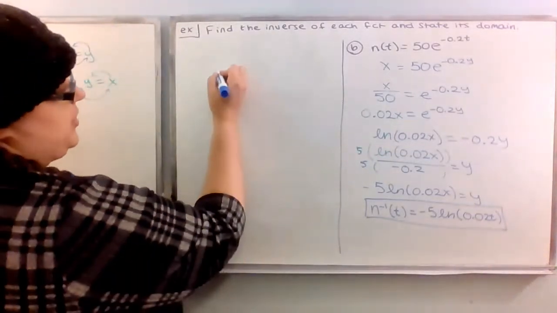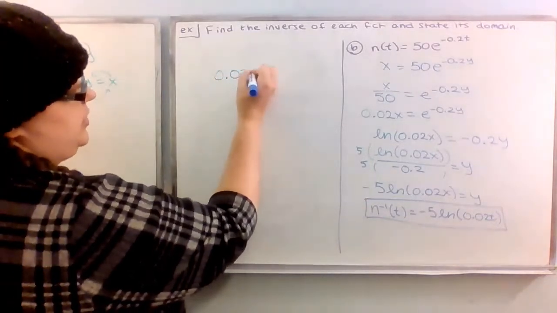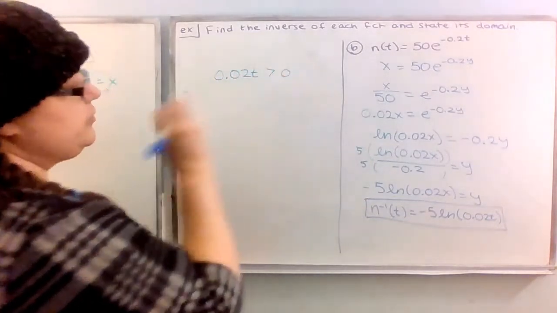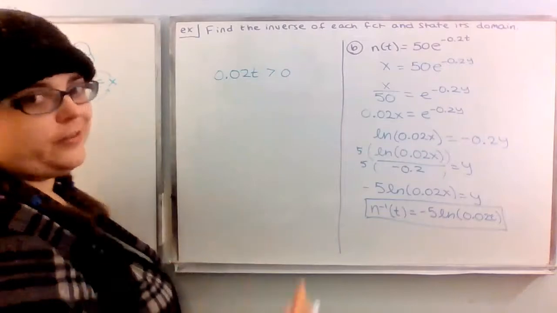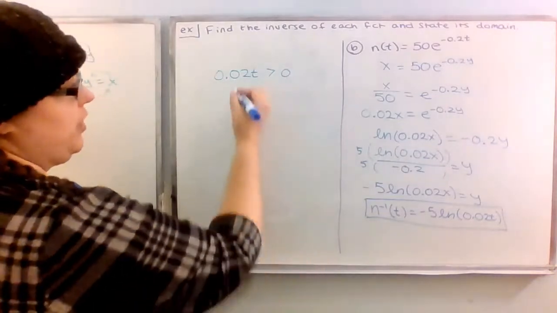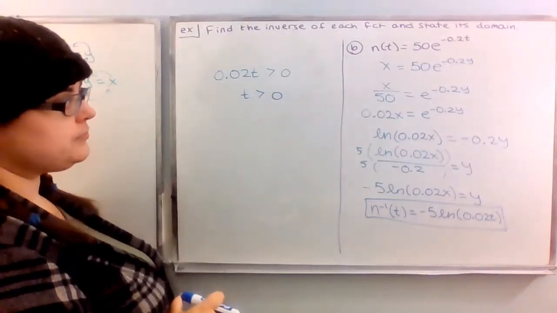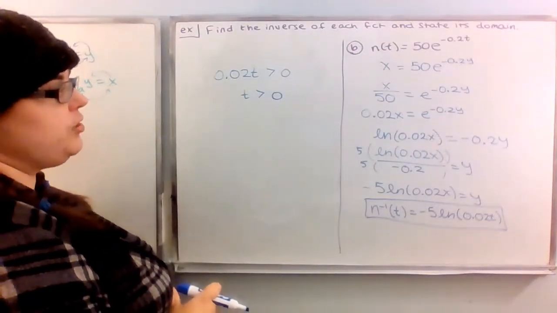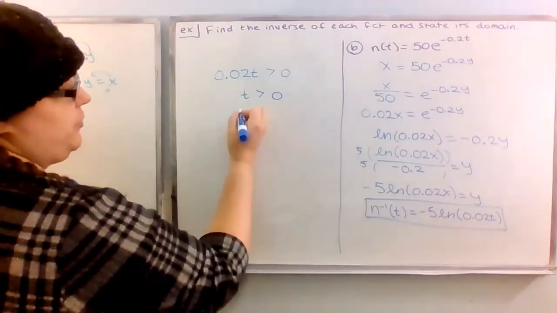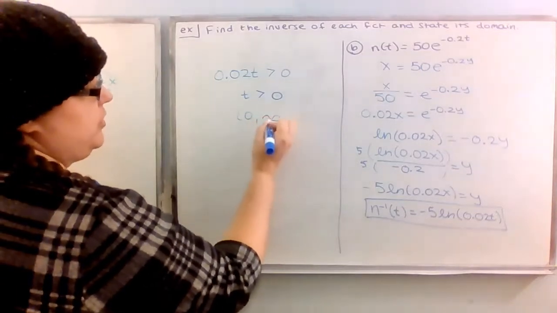So in this case, I have to make sure that 0.02t is greater than 0. Now here we can just divide both sides by 2/100 to get that t is greater than 0. So this just means our domain is going to be from 0 to infinity.